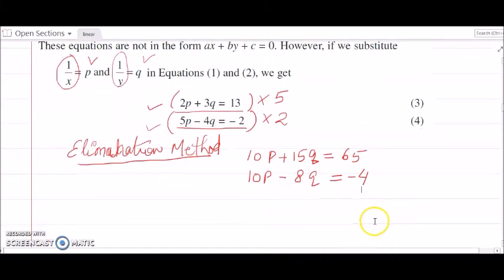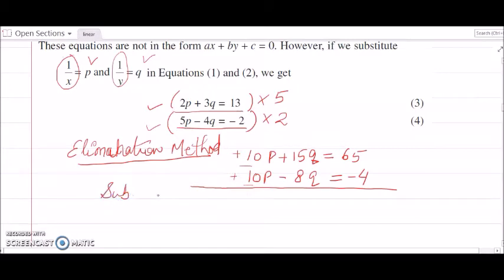Now in this elimination method, the next step is we see the signs of the coefficients which we have made equal. Like this is 10, this is 10. We checked their signs: this is positive and this is also positive. When the signs are the same, as I told you earlier, we subtract. On subtracting, the signs change. This is plus, it will become minus. This is minus, this will become plus, and this will become again plus.